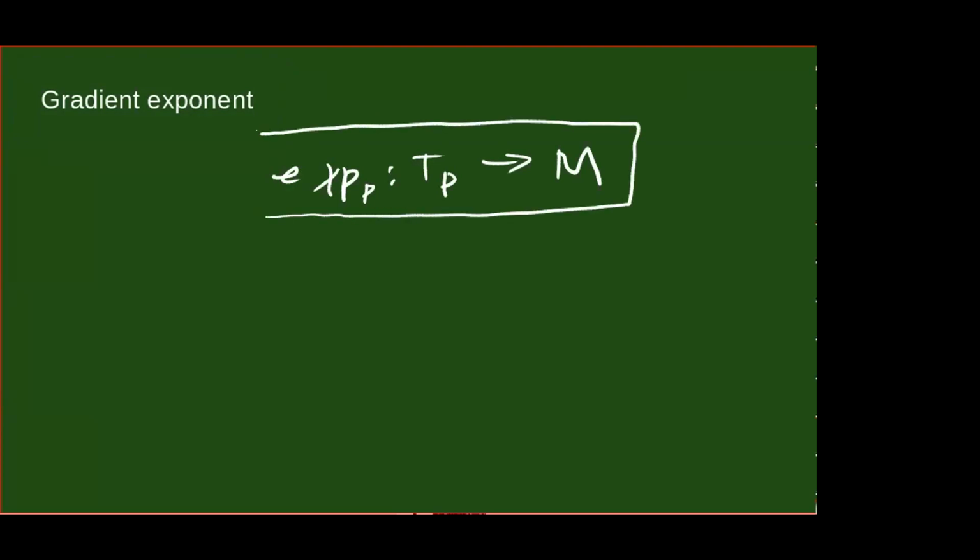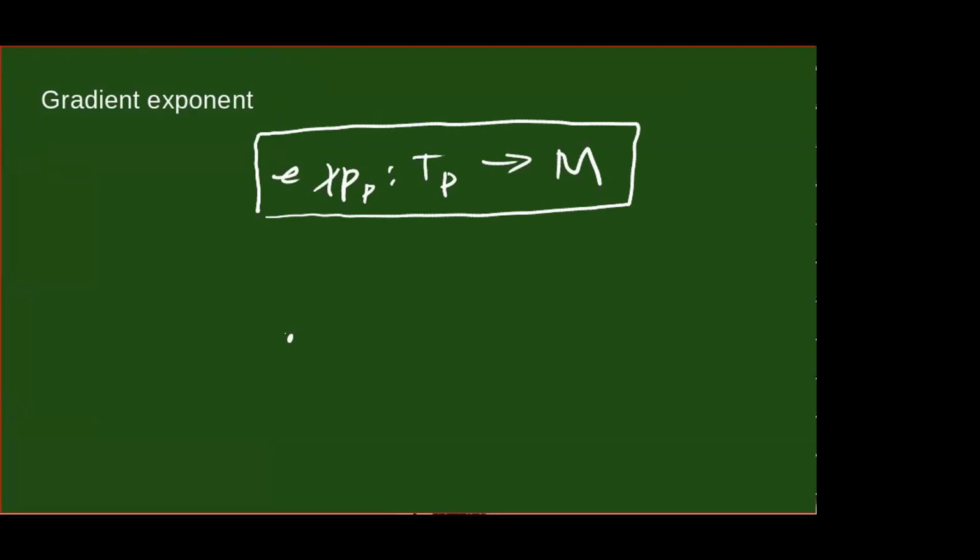And let me first say what we are fighting with. In Riemannian settings, we used to have the exponential map from the tangent space to the manifold. And of course, everybody knows what it is. In the Alexandrov setting, such a map is not well defined for a simple reason.